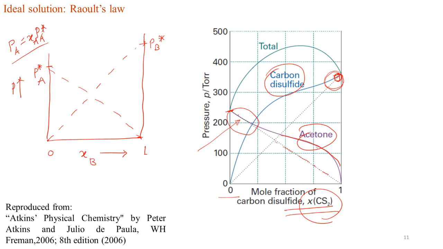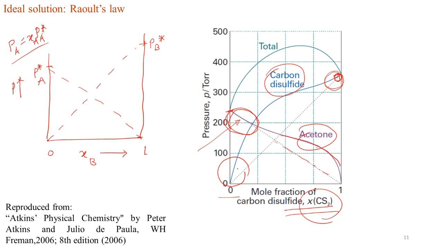Now, you can see it here also. For example, when we have this acetone and carbon disulfide mixture, with carbon disulfide added in a very trace amount, the ideal solution will be this part, and you see that in that part it actually deviates very largely.